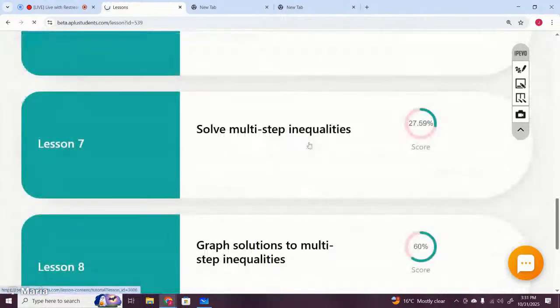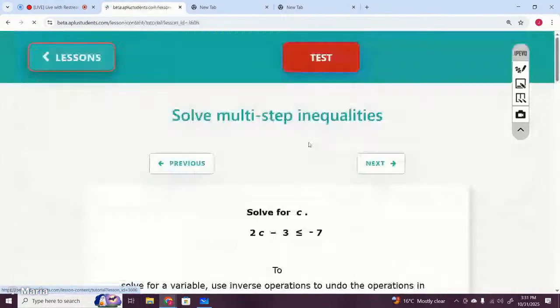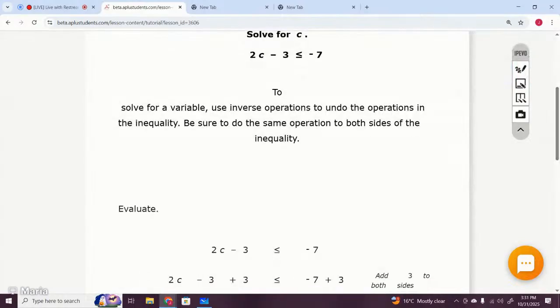Solve multi-step inequalities. 2c minus 3 is less than or equal to negative 3.